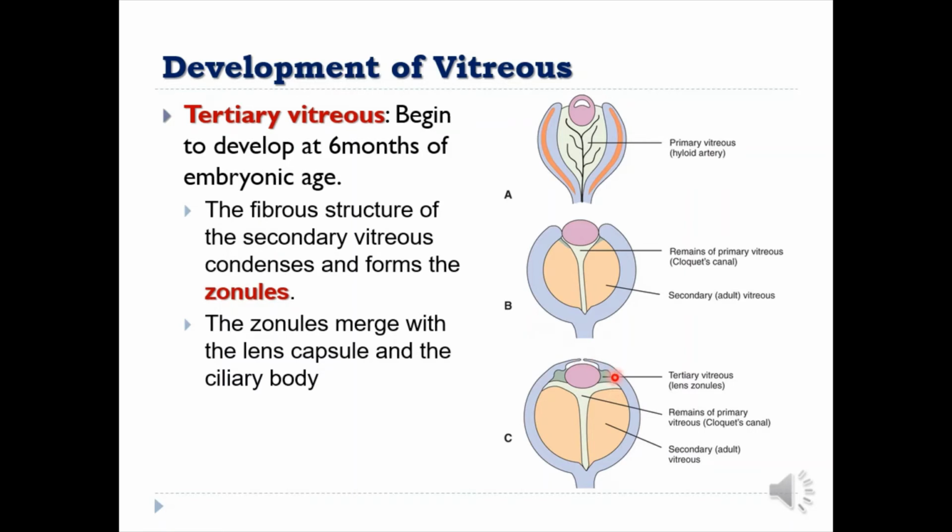You can see this green thing here, and even in this early development you can see the very early stage of tertiary vitreous developing here, and later these zonules merge with the lens capsule and the ciliary body. So the zonules formed from the tertiary vitreous will connect to the crystalline lens and to the ciliary body. So that is about tertiary vitreous.